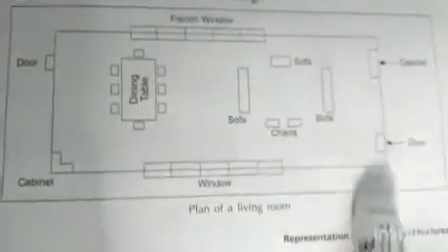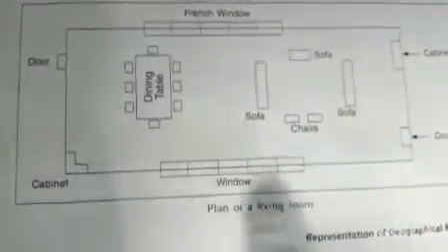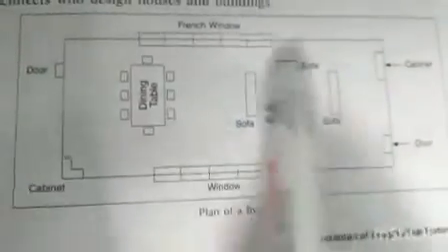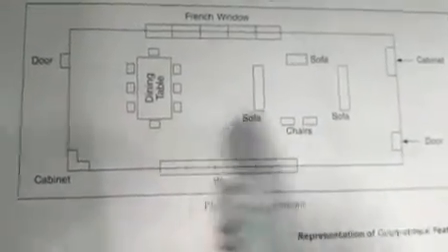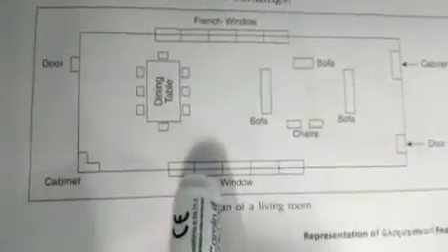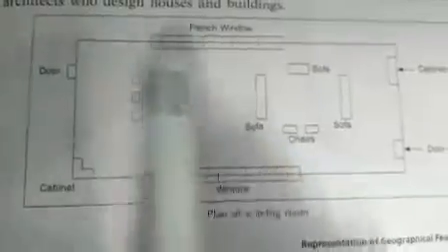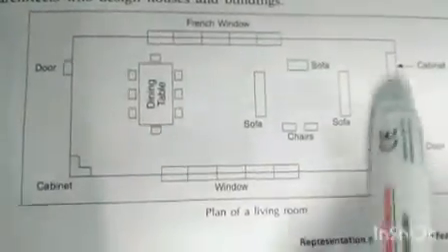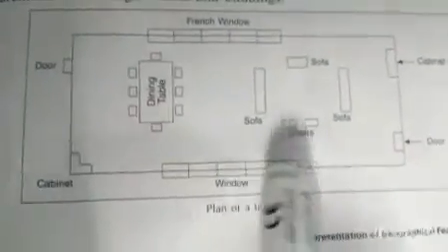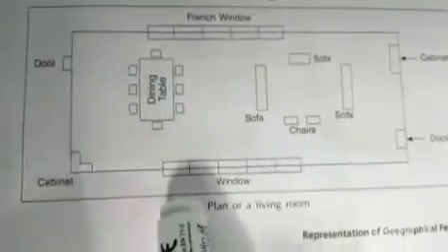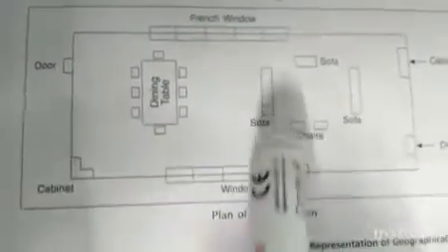And this is what? This is a plan. Plan of a room. It means this is what? This is a large scale map. It gives us a large amount of details about a small area, about a room.